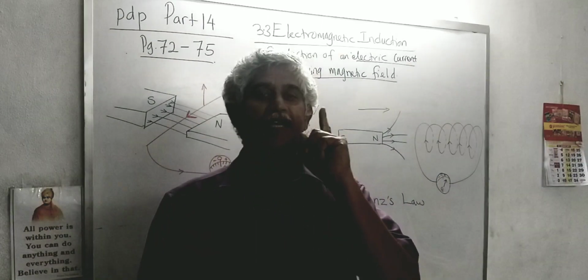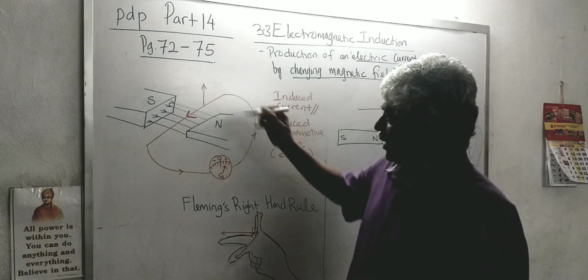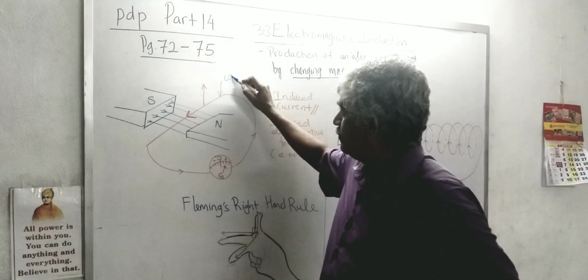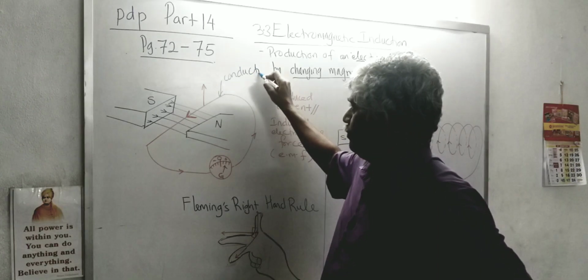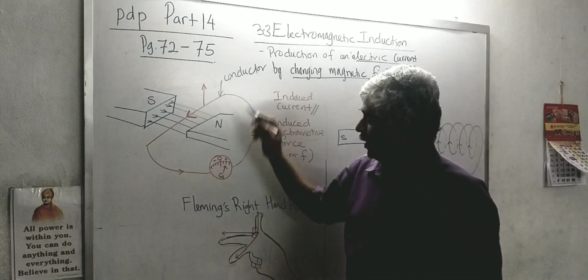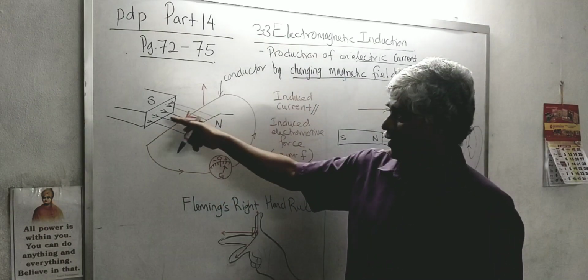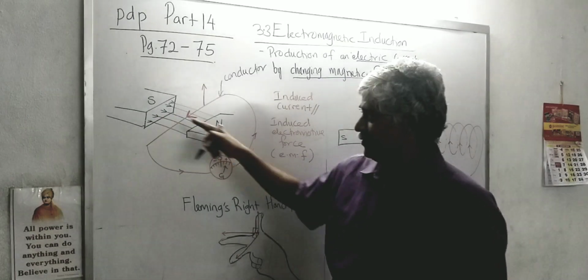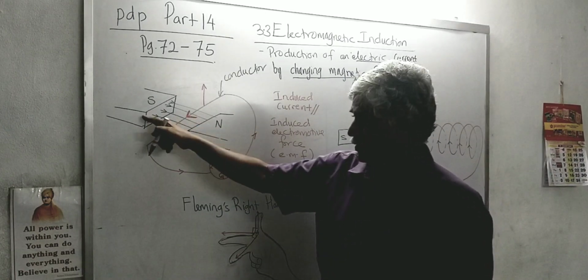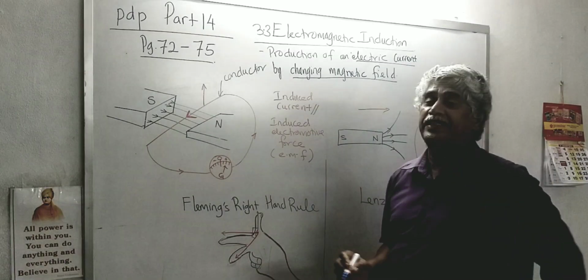Here, changing the magnetic field means you have a conductor, simply a metal wire. When this wire cuts the field of a pair of magnets, north and south, that is known as changing magnetic field.